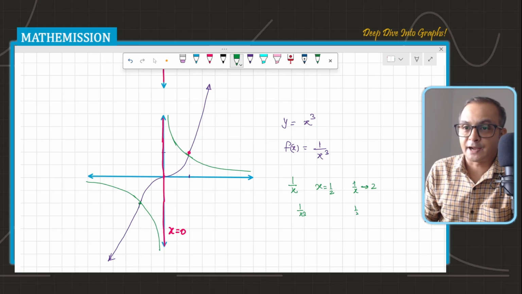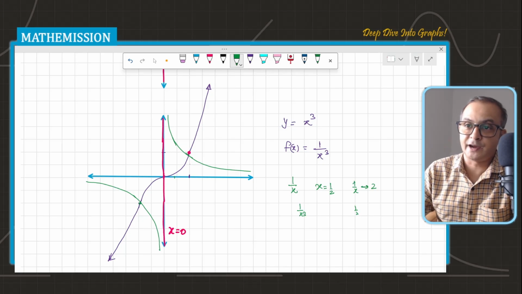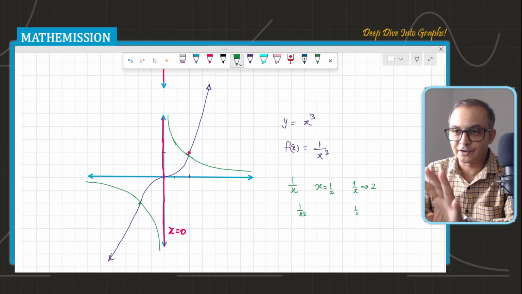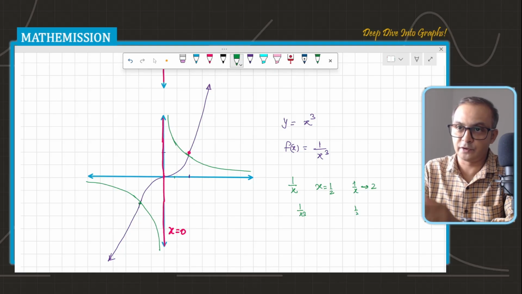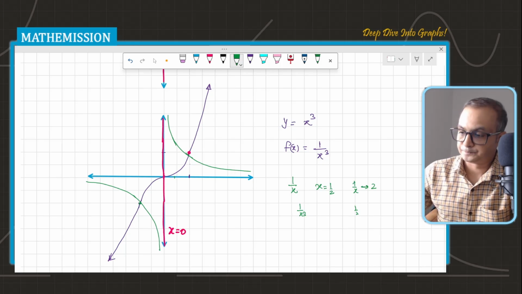So it means at half the 1 by x will be below the 1 by x cubed actually. But when we draw the diagram without any comparison with other graphs like 1 by x, we can draw the graph freely as long as it is not making any confusion. So this is the graph of 1 by x cube we drew.